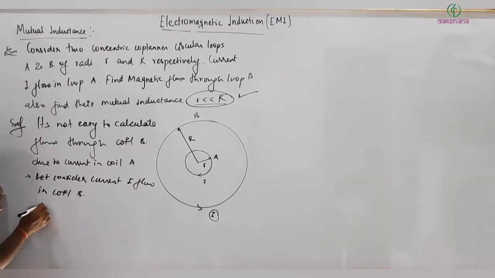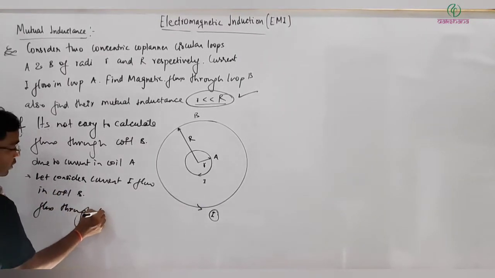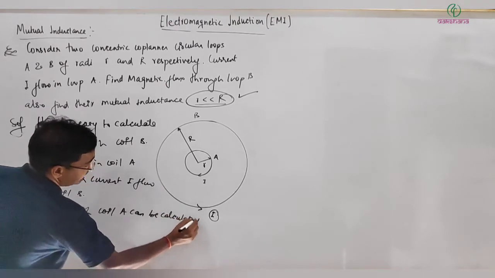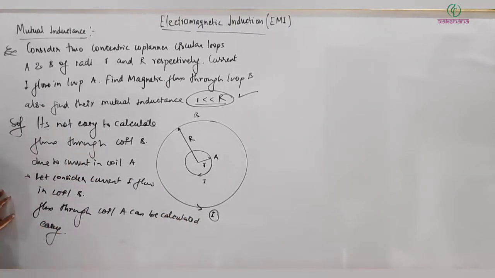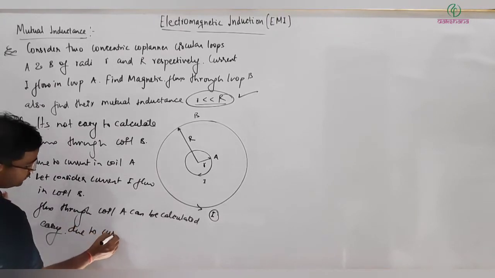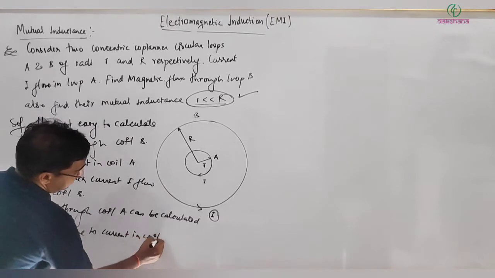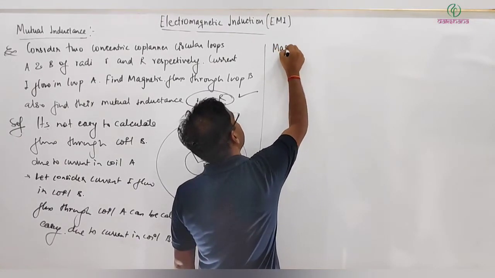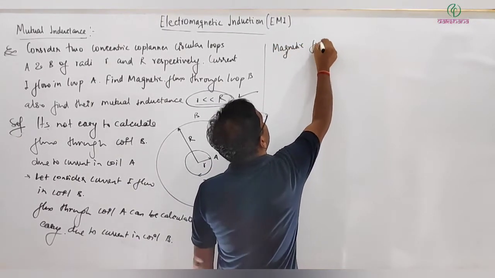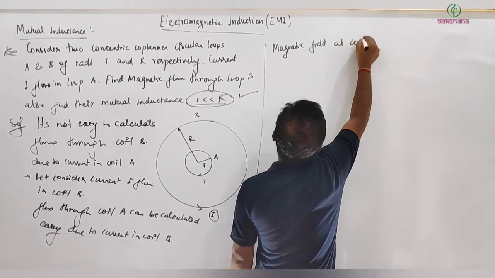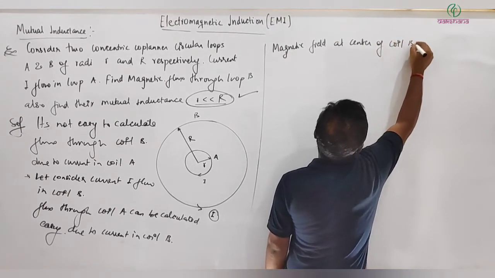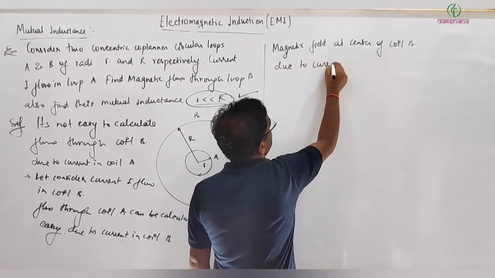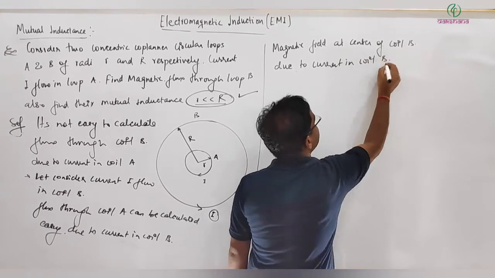So flux through coil A can be calculated easily, due to current in coil B. So first I can write the magnetic field at the center of coil B due to current in coil B. This can be calculated.